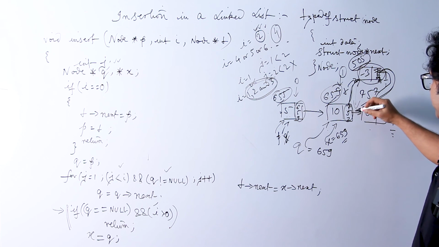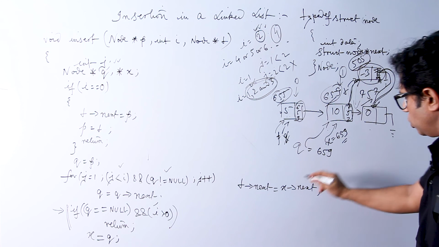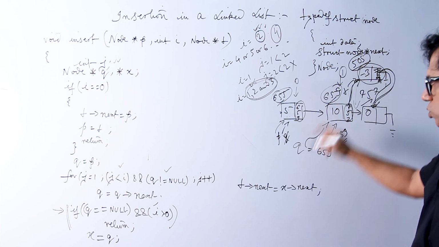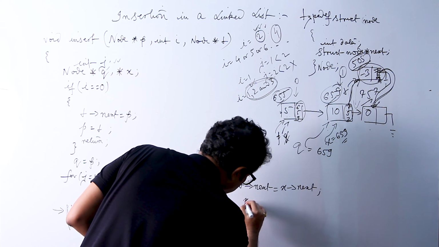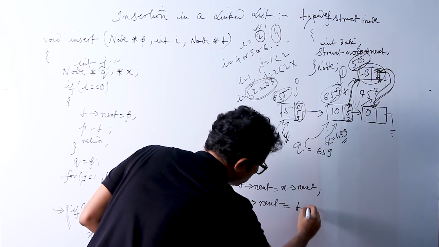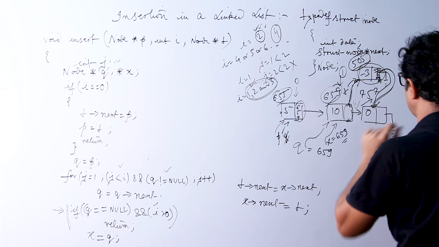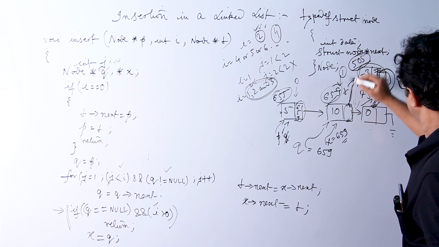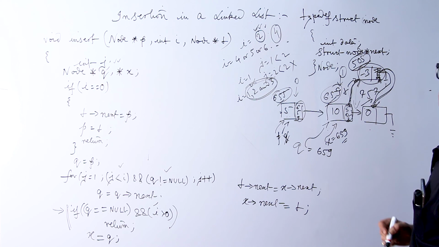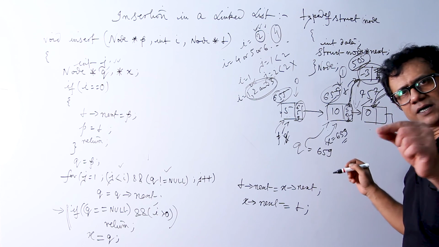It is quite evident that this is to be linked to this newly inserted node T. So now x next will be updated to T. So the code will be x next is equal to T. That means this 757 will not be here. It will be 505 because it is going to point to this position. So the list becomes like this. So the newly inserted node is inserted at the number 2 position.